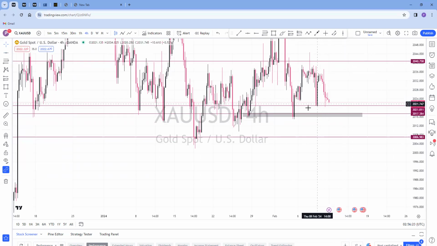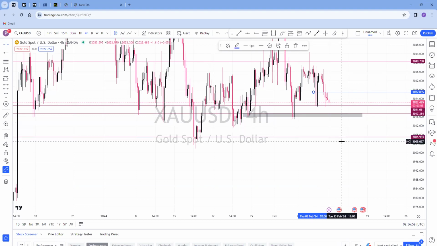Market may respect this level, push a little high to somewhere here, 2027, 2028, 2030 levels. Then it can drop again, break, take away this low, come lower to 2017 levels. Then we can experience another push to the upside. And then finally, before the week ends, there is a potential that the market will close below 2006. Remember, we have CPI this week.